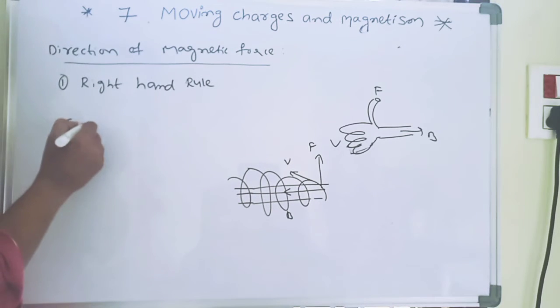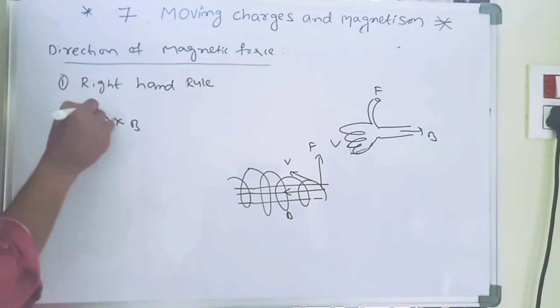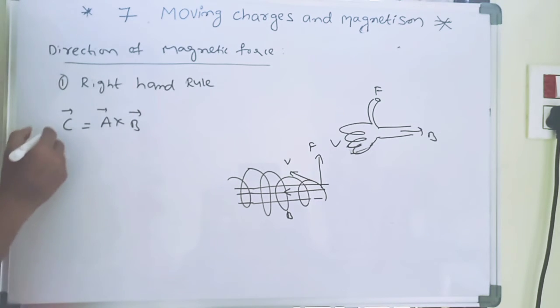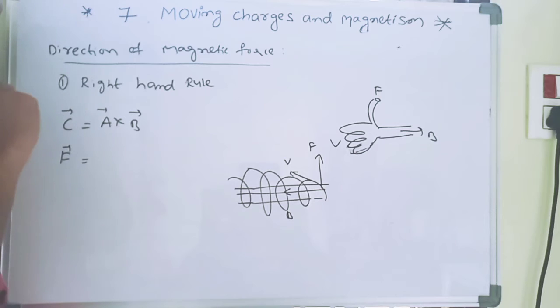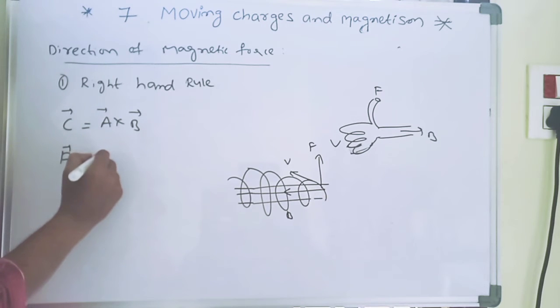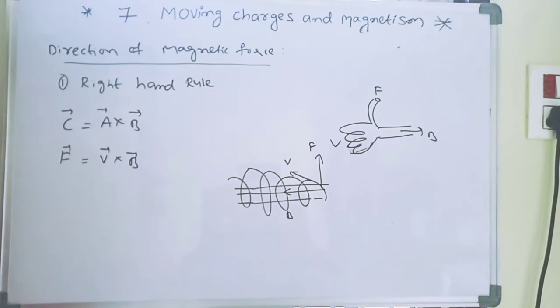This is nothing but C equals A cross B. C is a vector, and A and B are vectors. C is the magnetic force, A is the velocity, and B is the magnetic field.